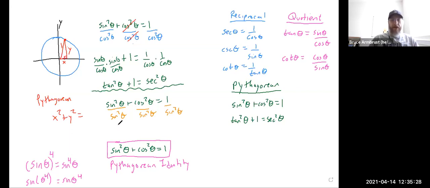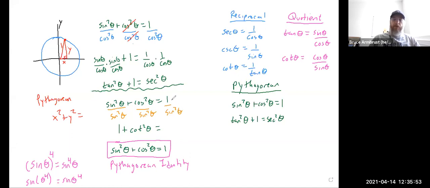Sine squared divided by sine squared is 1. Those things cancel out. I now have cosine squared over sine squared. So that's cosine over sine being squared. Cosine over sine, if we come over here to the quotient identities, is cotangent. So that piece is cotangent squared.